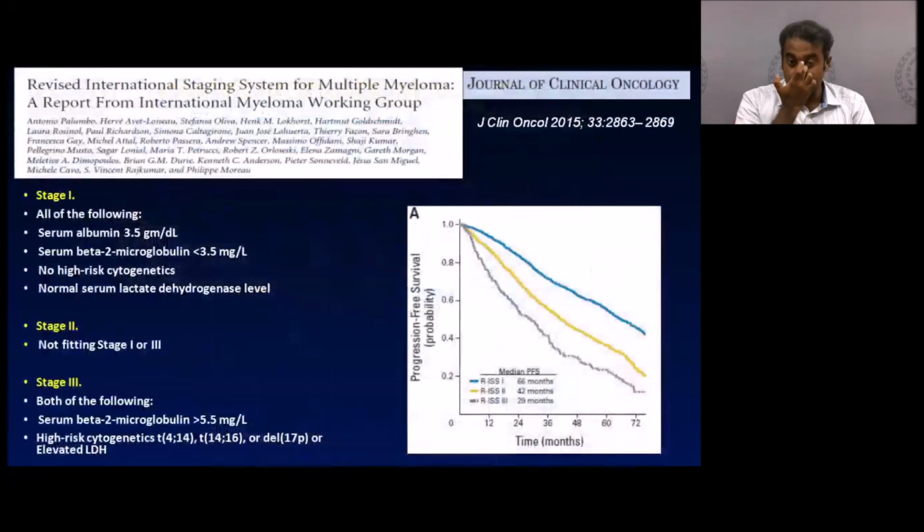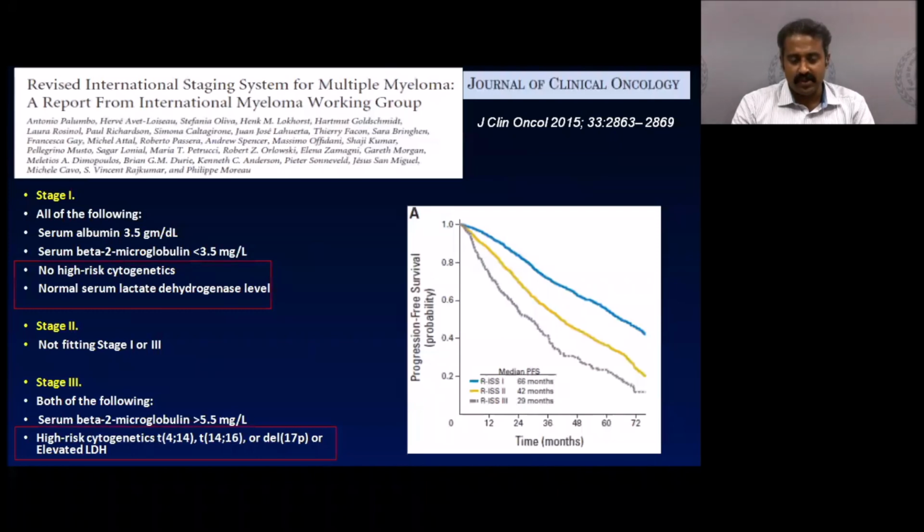With the advent of the newer prognostic marker, that is karyotype, the Revised ISS has taken place. So the Revised ISS, along with the parameters used for ISS, uses cytogenetics and LDH. So if you have features of ISS1 with no high-risk cytogenetics and a normal LDH, you call it RISS1.